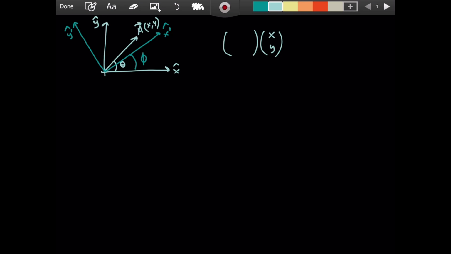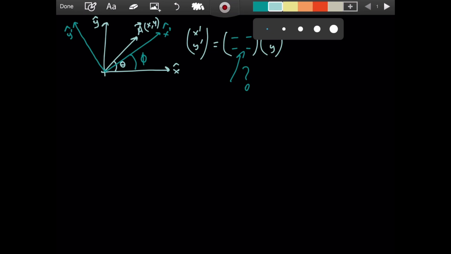And as a result, we are going to get the new coordinates, which we can call x prime and y prime. Our goal is, in fact, to figure out what this transformation matrix is. We want to find this part, and it is going to have 4 elements. And I discussed this part very briefly in that video.